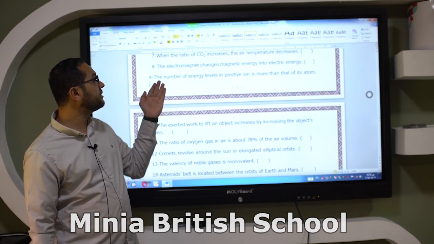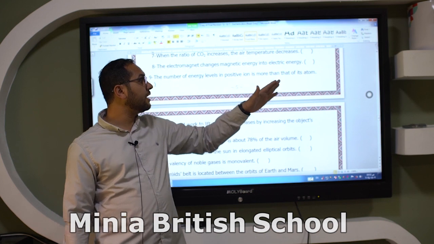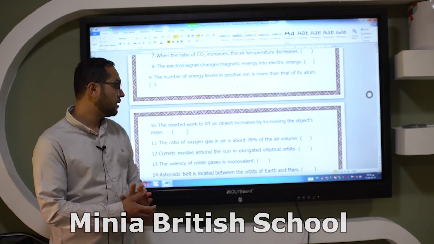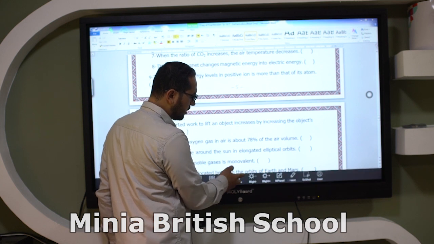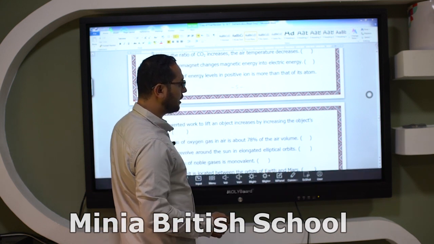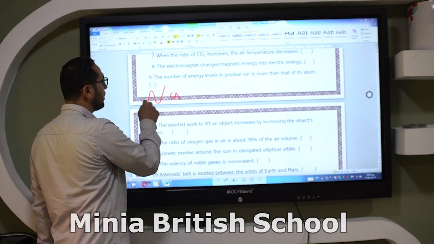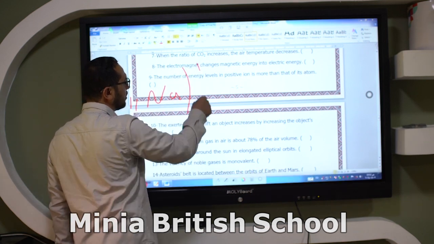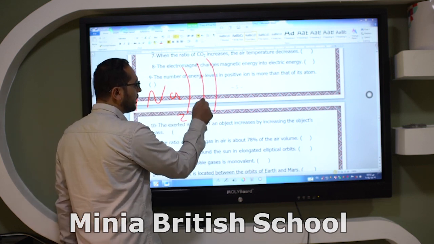The number of energy levels in the positive ion is more than that of the atom. No, this is wrong. I will give you an example. This is sodium, Na. Its atomic number is 11: 2, 8, 1.